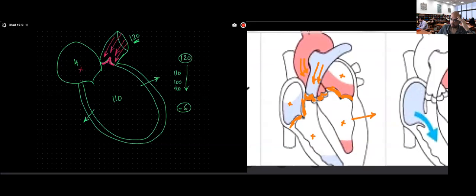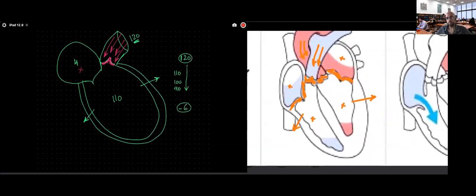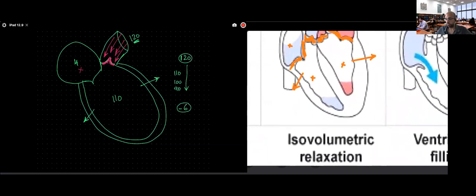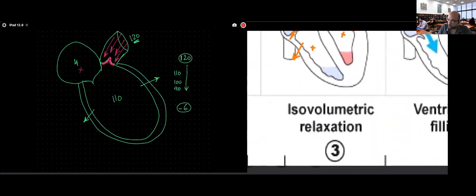I'm relaxing, no blood moving in. I can't refill at this point. So what do we call this phase of the cardiac cycle where there is no change in the cardiac volume? I have a constant volume of my ventricles.